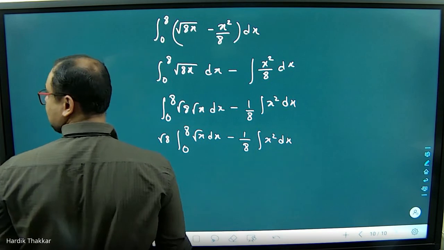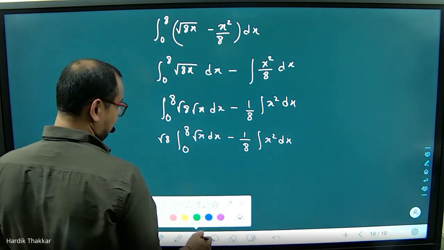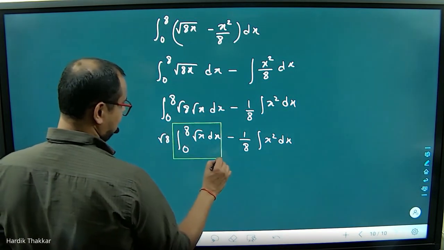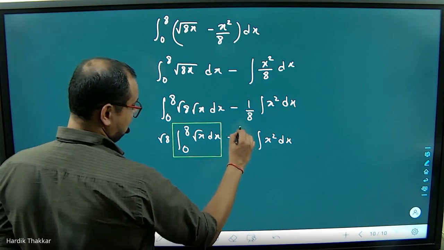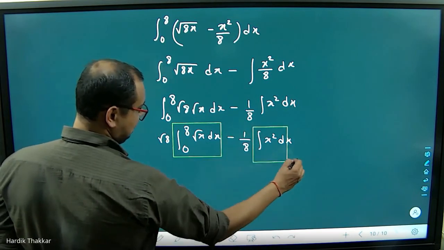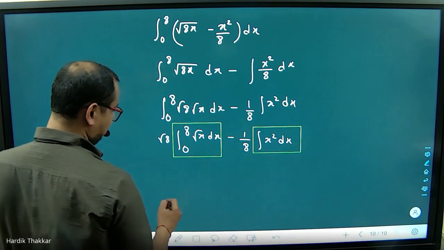Further integrate the two parts. First part is this, and second part is this, and apply the limit separately.